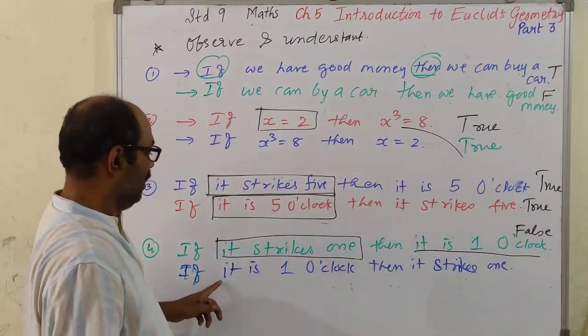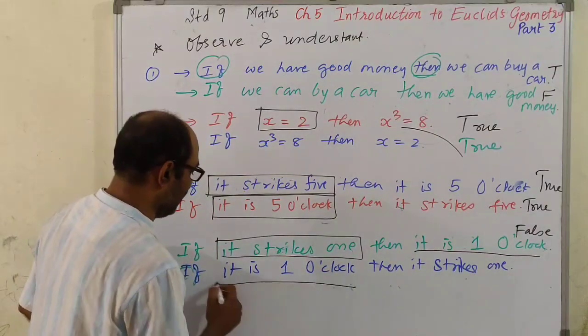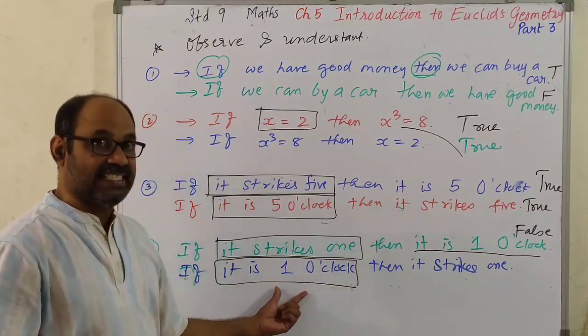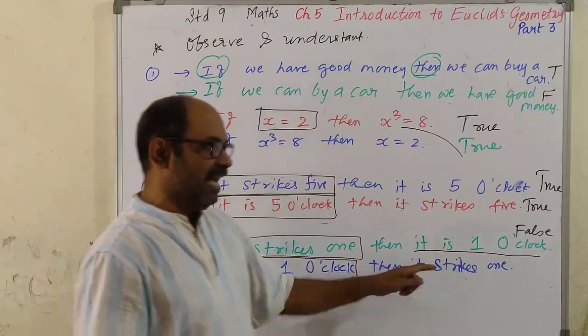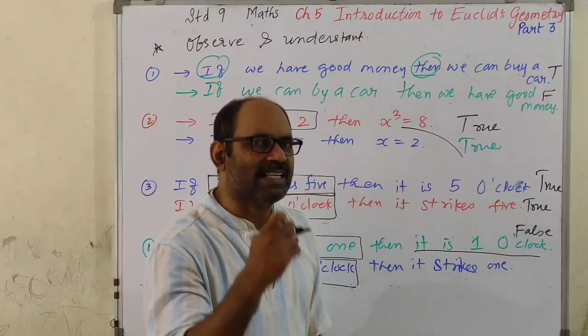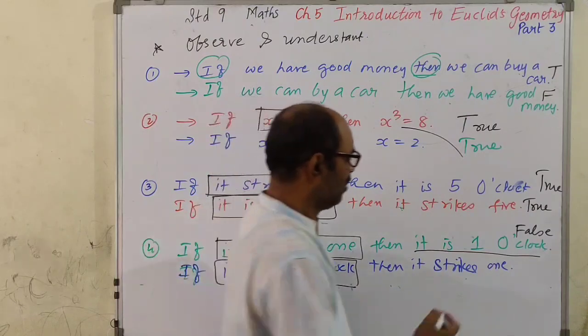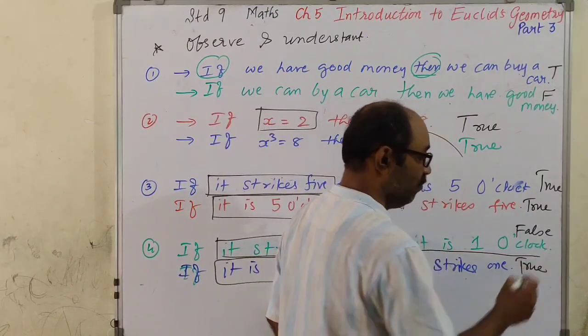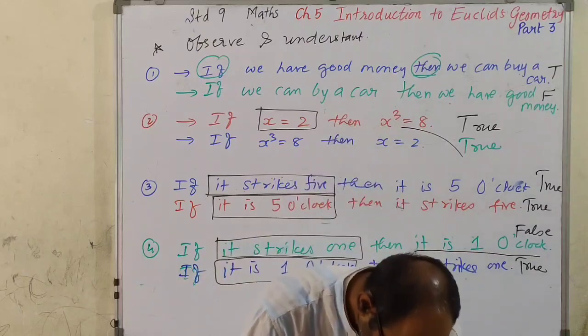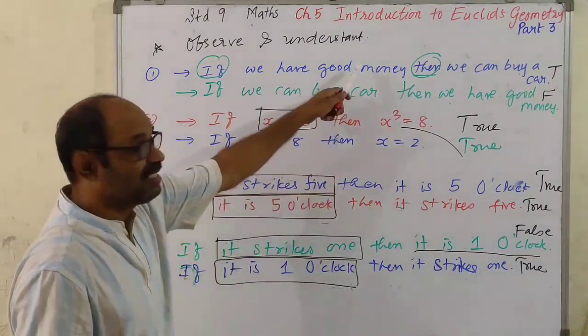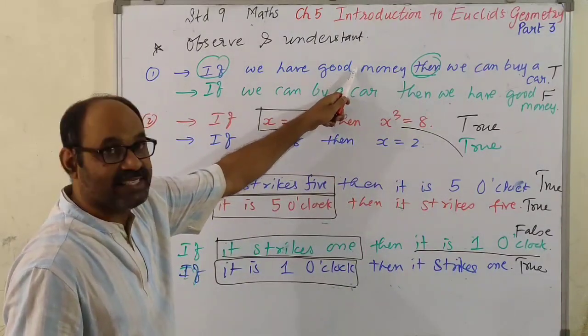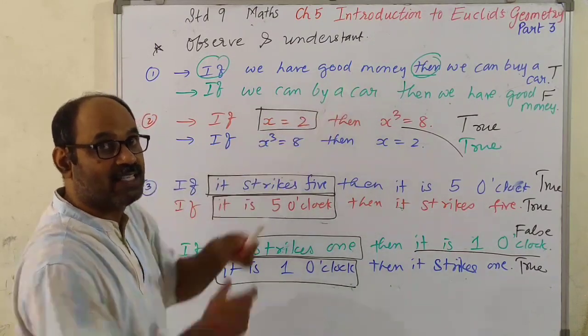Now the opposite: it is 1 o'clock. This is the truth, it is 1 o'clock. Then it strikes 1. How many strikes will there be at 1 o'clock? Only 1, right? So this is true. Fine. Children, one statement, the conditional statement, is true and its converse is false.